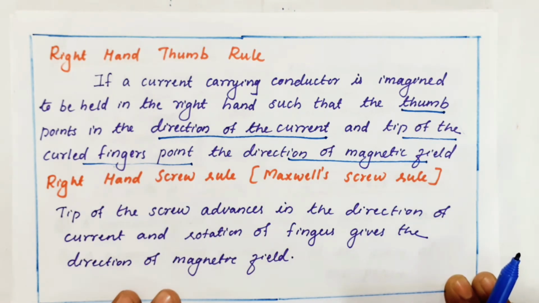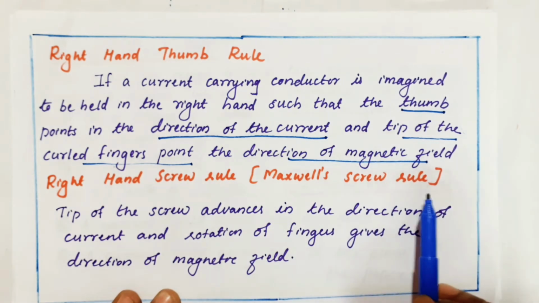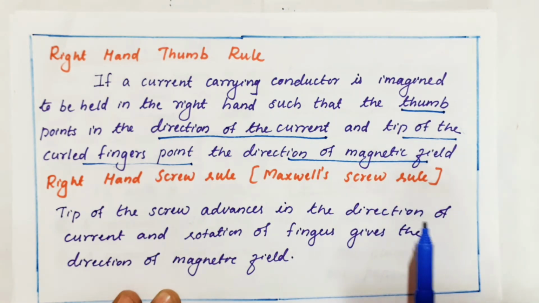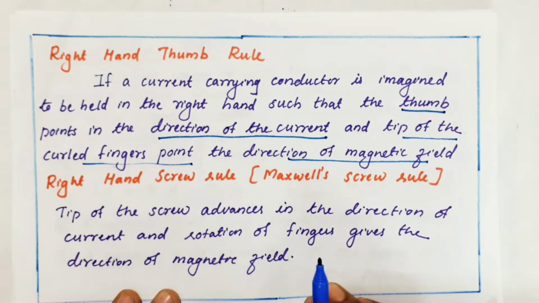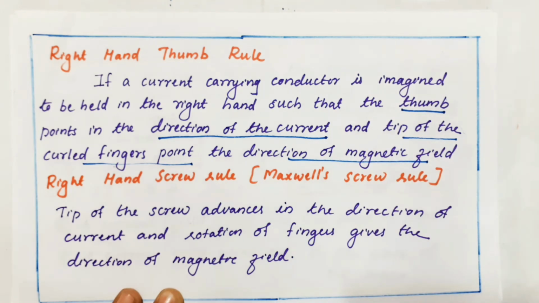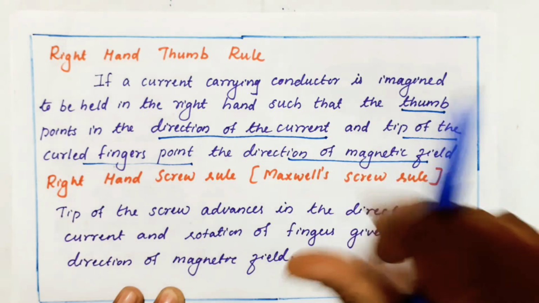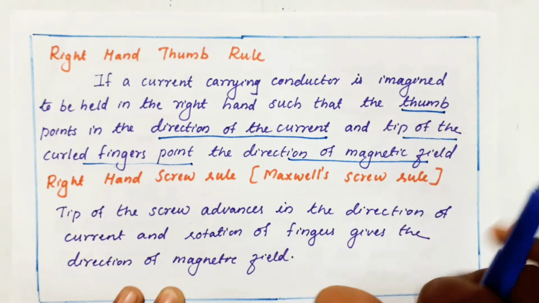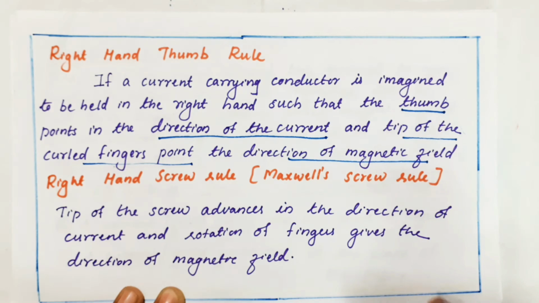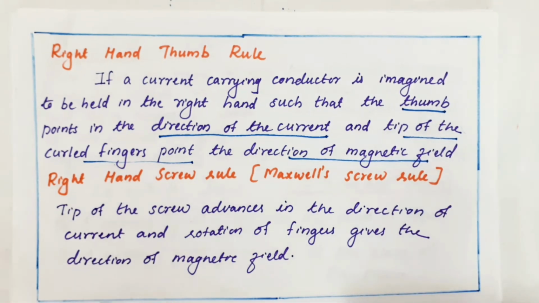Another rule is called Maxwell's corkscrew rule, or Maxwell's screw rule, or right hand screw rule. Take a screw; the tip of the screw advances in the direction of current, and the motion of the curled fingers gives the direction of magnetic field.